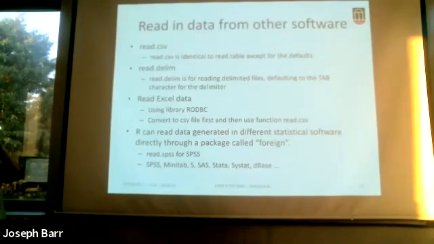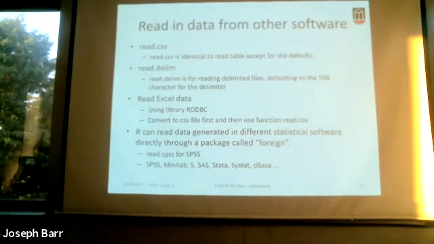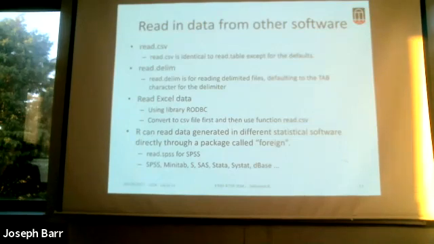And if you have a data file separated by tab, where the delimiter is tab, then you use a function called read.delim, which will automatically read the file separated by a tab character.